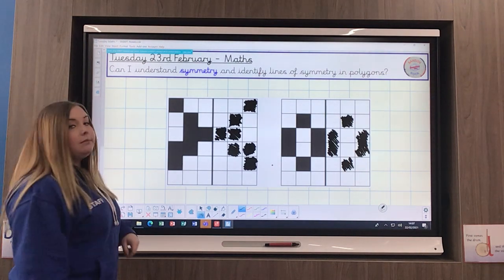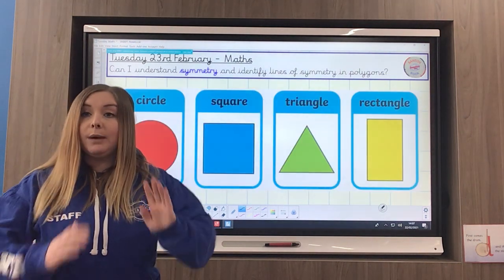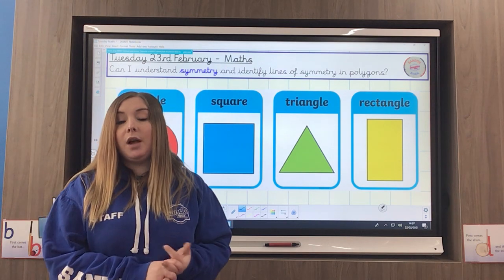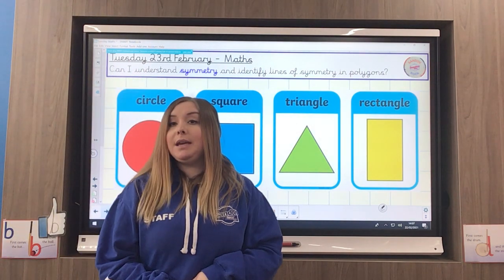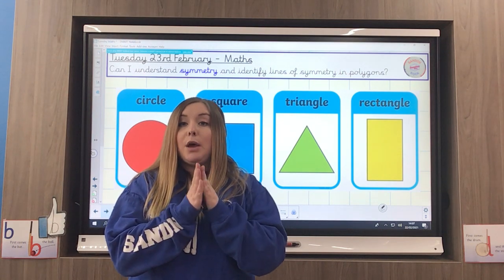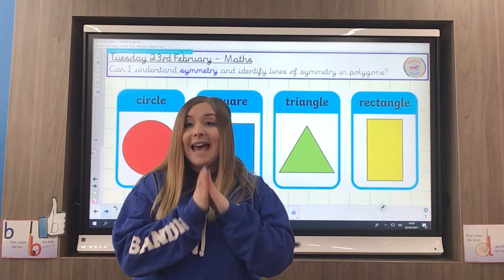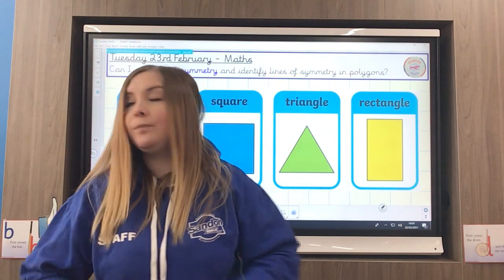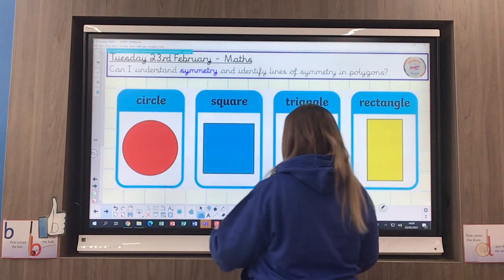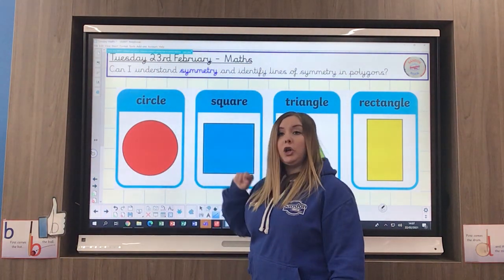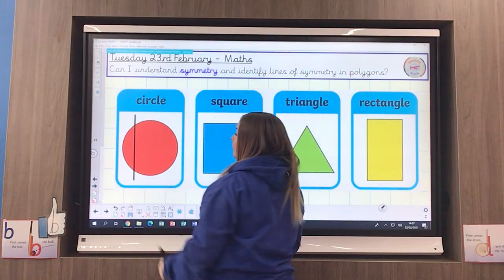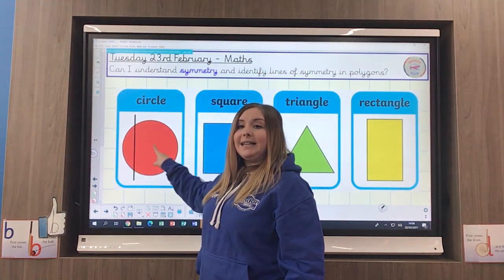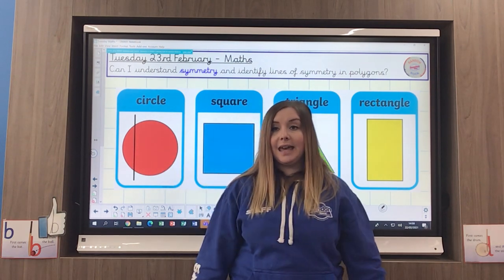Okay, so now that we know that symmetry is where it's exactly the same on both sides, we've got to have a go at drawing some lines of symmetry in these shapes. So that means that where I put the line, both sides of the shape are going to be exactly the same. So if I look at this shape, or circle, and I drew a line of symmetry here, is this side and this side exactly the same?